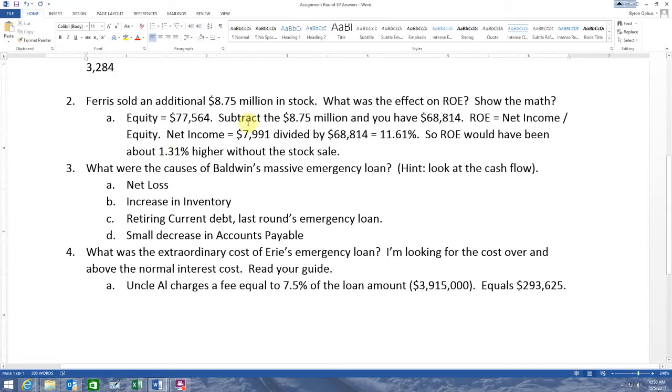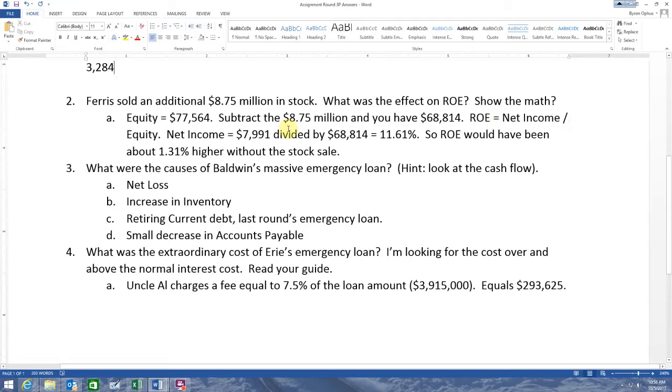So of that $77,564,000, $8.75 million was in the stock that it sold. It sold that much stock, and so it added that much to its equity. So if you take that away, Ferris would have had an equity of $68,814,000. It's just $77,564,000 minus $8.75 million.